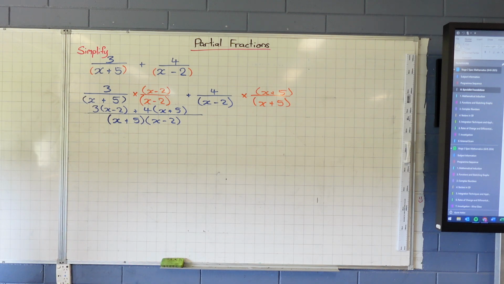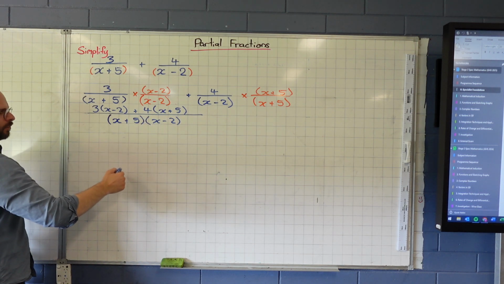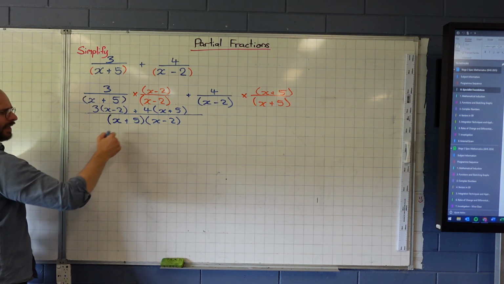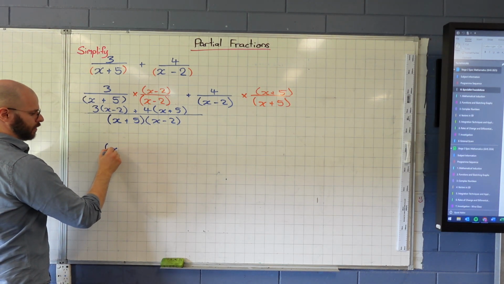We cool with that so far? All right. Next step, we can expand the brackets and then simplify. I'm going to leave the bottom in its factorized form though, and it will make sense why after.